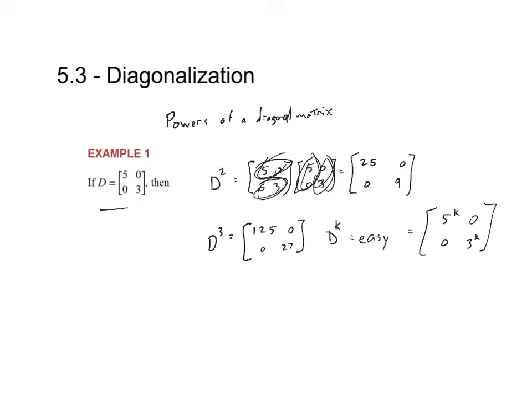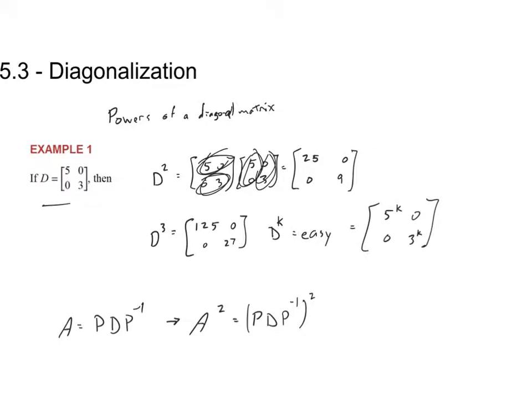So what is kind of cool, if I have A is similar to a diagonal matrix D, A equals P D P inverse. So if A and D are similar, and I want to compute A to the kth power, let me start out with A to the second power, A squared, P D P inverse squared.